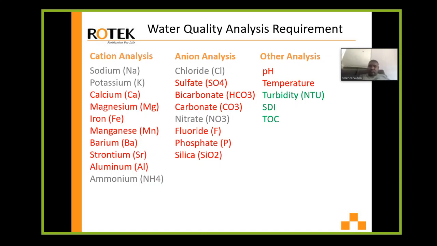The general efficiency of a multimedia filter is only 25 to 30%, but after Avista coagulant RQuest is added, particle removal efficiency of the multimedia sand filter can achieve up to 97%.